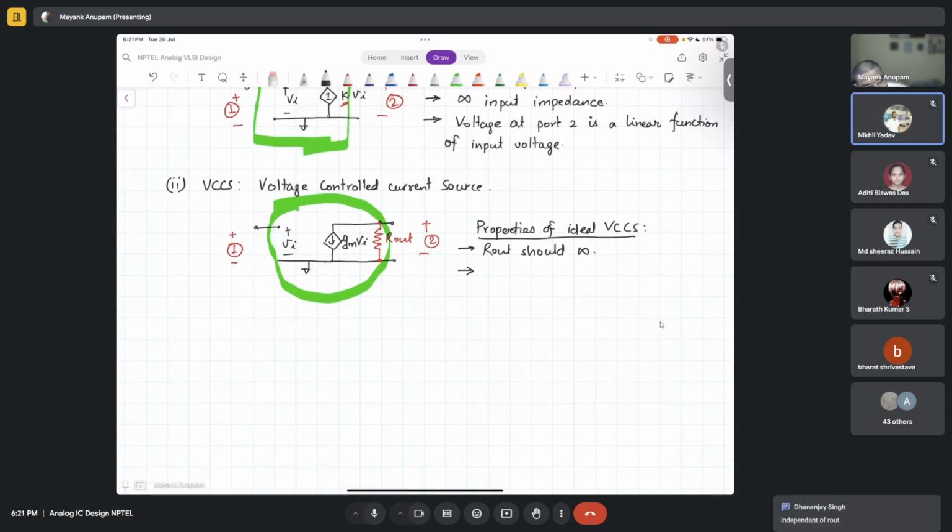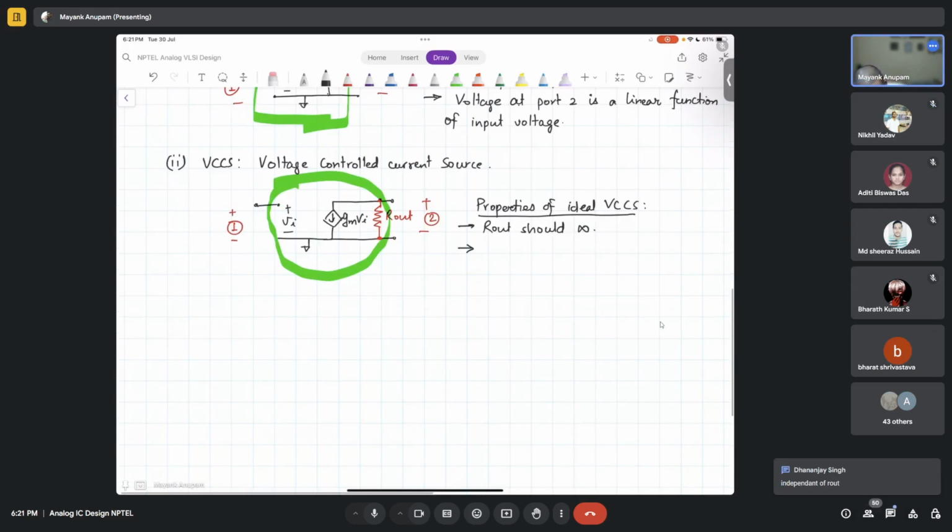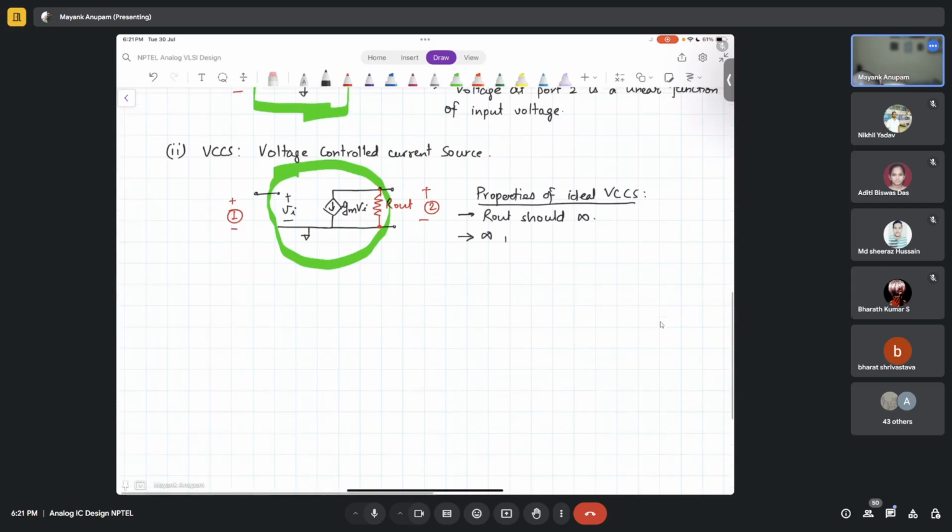Since the input is a voltage, yes, correct. Input impedance again should be infinity, because at this point you want to sense a voltage, isn't it? So you want infinite input impedance. That's good. What about the third thing?